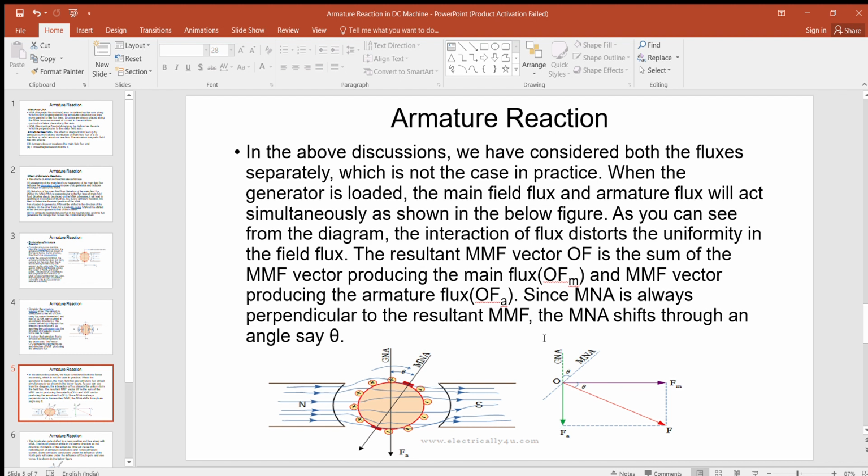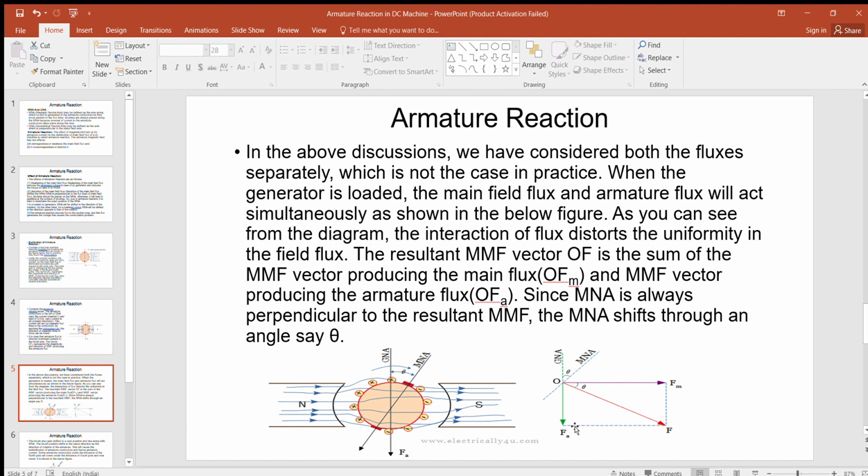Since MNA is always perpendicular to the resultant MMF, the MNA shifts through an angle, say theta. So now you see the MMF is shifted through angle theta. This is OFM and this is OFA, and the resultant is OF. So the MNA is shifted through angle theta.